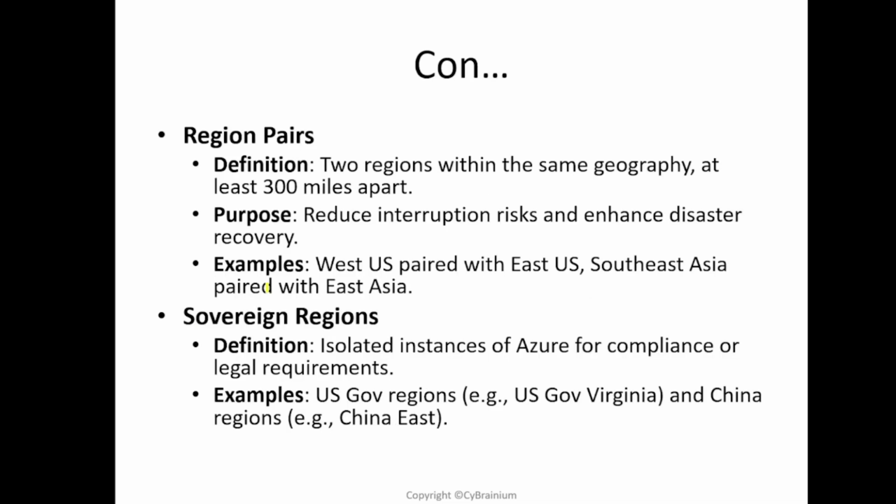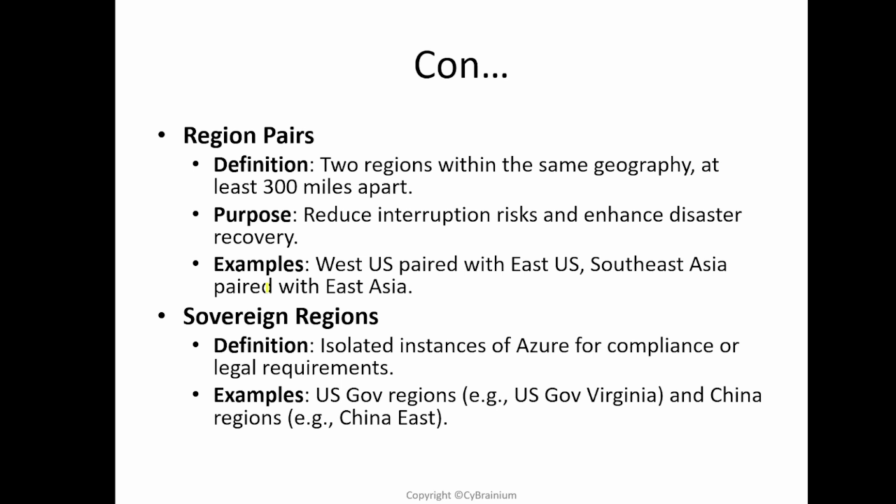Now what is a region pair? A region pair is nothing but regions in the same geography. For example, in India there are two regions, Central India and South India. South India is Chennai and Central India is Pune.